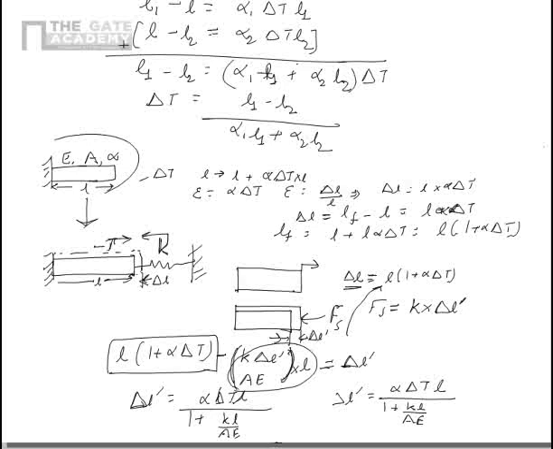There, if we have to restrict them to a small number, then we have to do some kind of artificial arrangement like this, or we have to take a material whose alpha is small, because we cannot change delta T and L. They are governed by the combustion condition and the design. So if we cannot use a spring, then alpha has to be a very small number. And it is possible to make alpha very small by using composite materials, which are a different class of materials, wherein we can change the orientation of the material fibers and make alpha a small number.